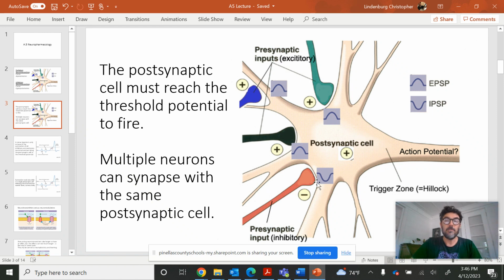Because this nerve is synapsing with multiple neurons, some of them may be excitatory neurons, bringing you closer to a threshold, and some may be inhibitory neurons, bringing you back down. And so, what we have to do is consider all of the stimuli, adding them together to see if that gets you enough to hit that threshold.